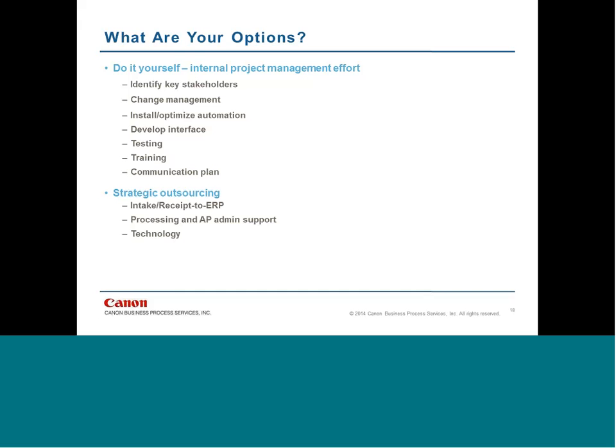The people that work in your treasury group, who are tasked with managing cash, have a stake in how this process works. Your suppliers have a stake. Your buyers have a stake. Identifying those people and employing an effective change management program where there's constant communication is critical to ensuring that your effort is going to be successful.